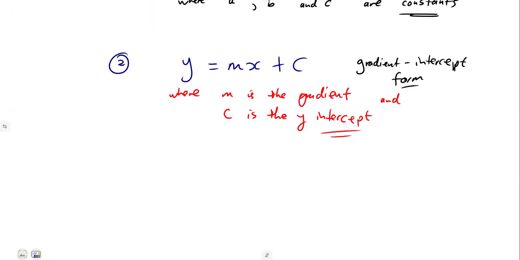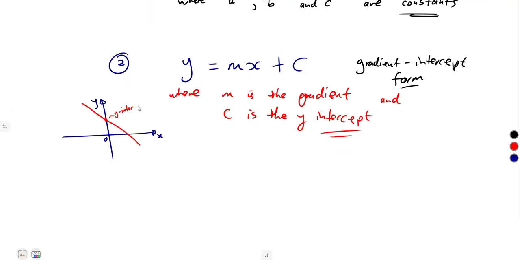When this line is drawn on our Cartesian plane, where it crosses or cuts the y-axis, that is your y-intercept.